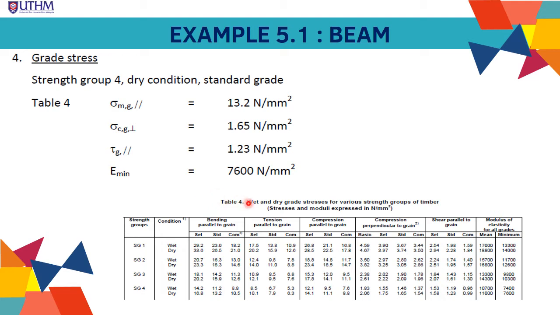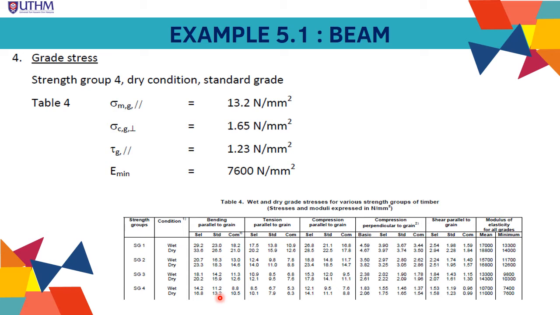We refer to table 4, wet and dry grade stress for various strength groups of timber. We focus on SG4, this is for strength group 4, dry condition and standard grade. So we focus on STD. Okay.